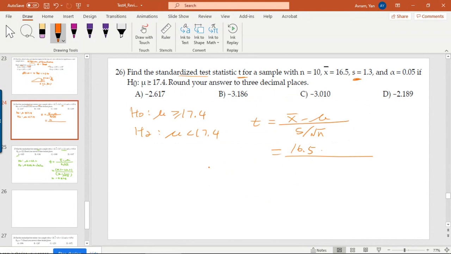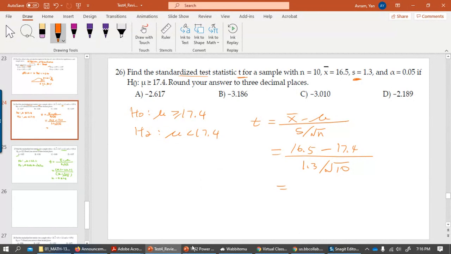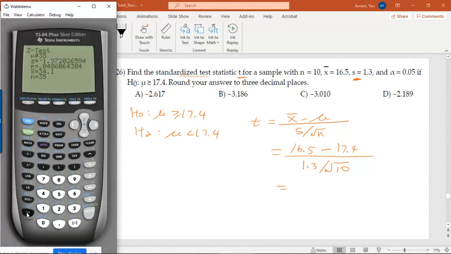And that's 16.5 minus mu, which here is 17.4. S here is 1.3, n here is 10. So you can put this in a regular calculator, or if you don't want to, there's another interface for this one.